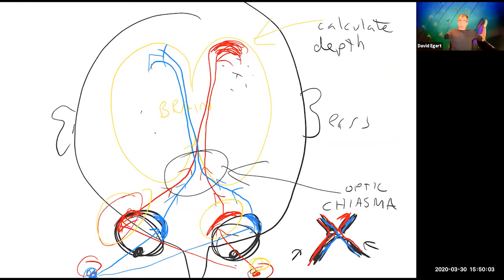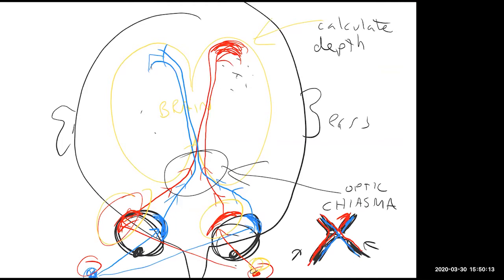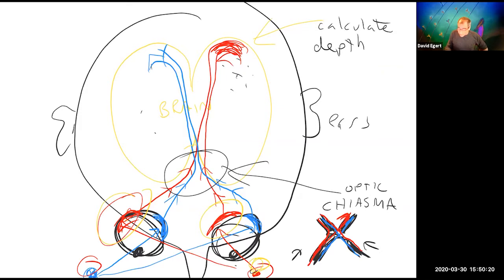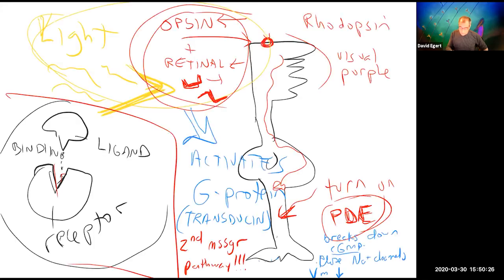So any questions or anything about the eye before we move on? The same signal transduction process happens in both rods and cones, yeah? So it is the same process. The difference is the opsin.